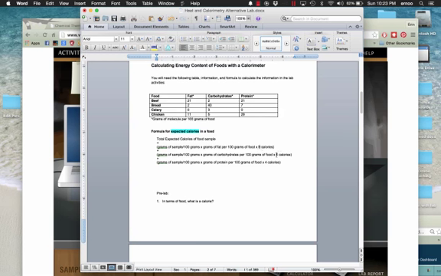The number of calories per gram of carbohydrate is 4. The number of calories per gram of protein is also 4.